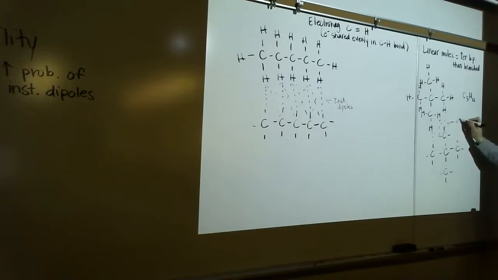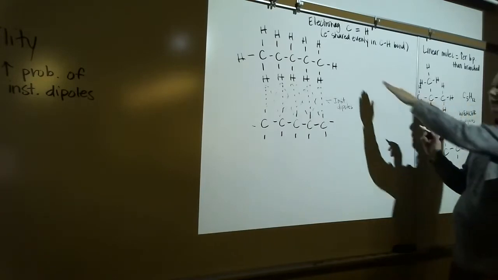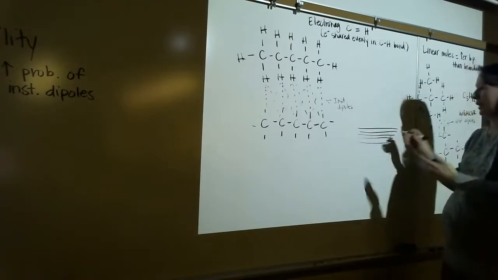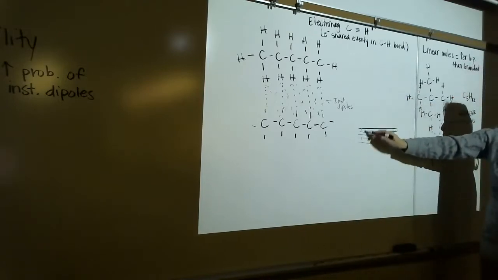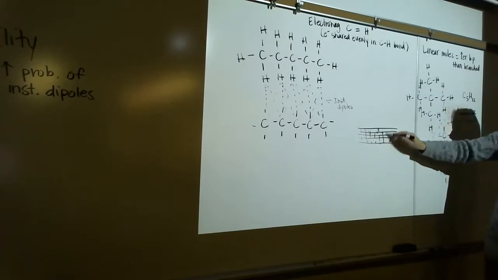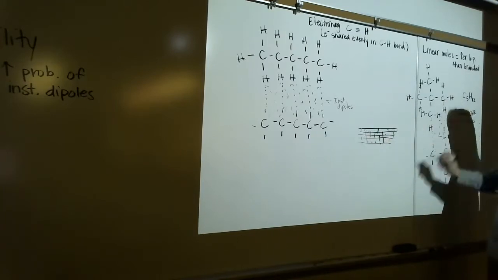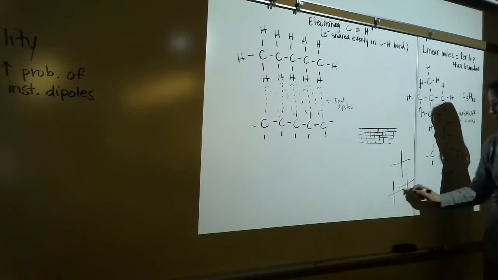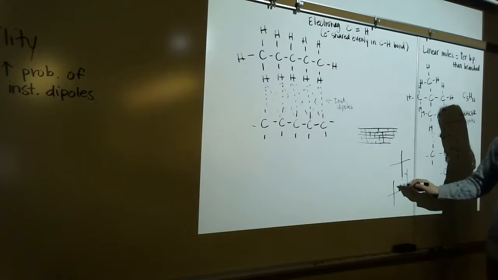You still have instantaneous dipoles, but they're significantly weaker. If we draw this like a linear one, this stacks on top of each other, nice and neat, so you can have instantaneous dipoles all throughout this thing. Versus this T shape, these aren't going to stack on top of each other as prettily. You're not going to have as much opportunity for that instantaneous dipole.